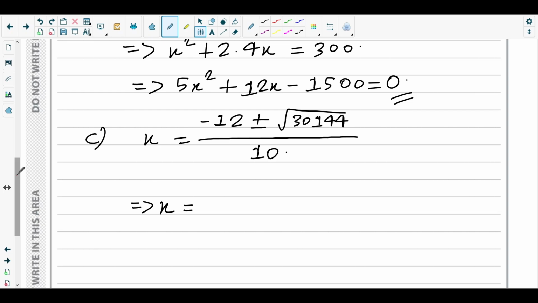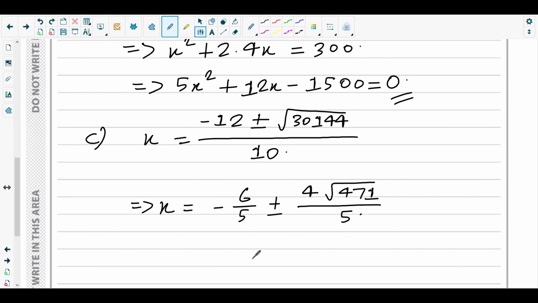So you will get the square root of 30,144 over 10, which is negative 6 over 5 plus or minus 4 square root of 471 over 5.